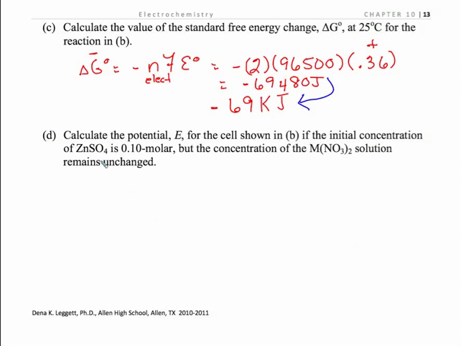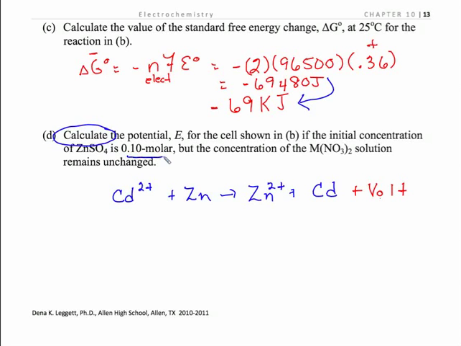Now, it says what's going to happen if I change the molarity of one of them. It actually says calculate, not predict. You can predict if you want whether it will go up or down. I have cadmium ion plus zinc, yielding zinc ion plus cadmium, and plus voltage, right? This is spontaneous voltage producing. Now, what I did is I decreased my zinc ion concentration.